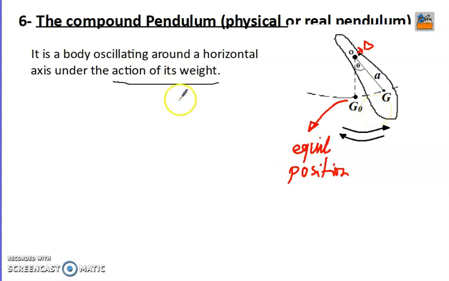Clear? Okay, let's start. What is the objective of this exercise?